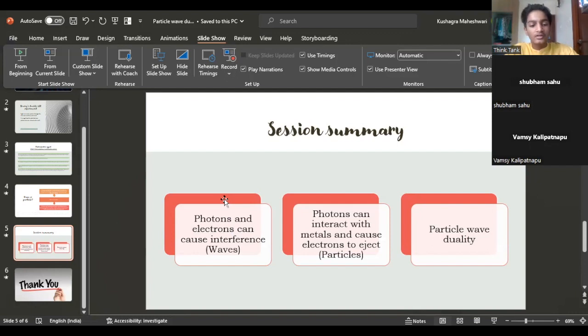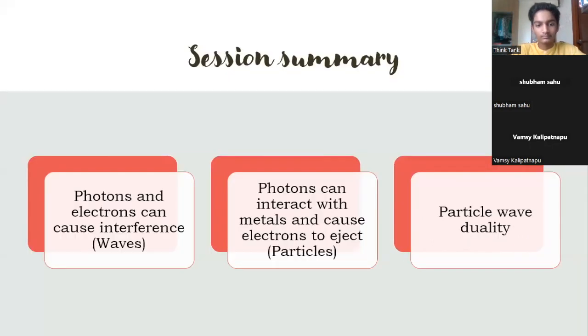Vamsi, would you like to sum up the session? Sure. What we basically learned from this session is that when photons, or light in general, are shot through a double slit, we find that it interferes, which is a property only found within waves. So we can say that light has the property of a wave.